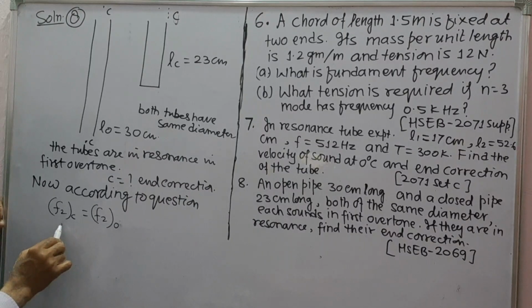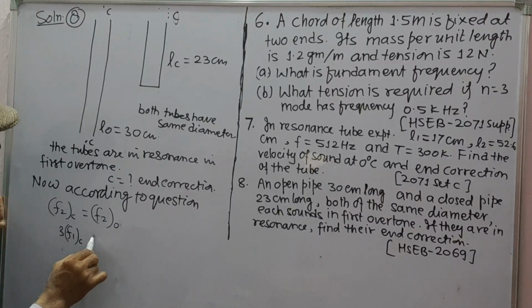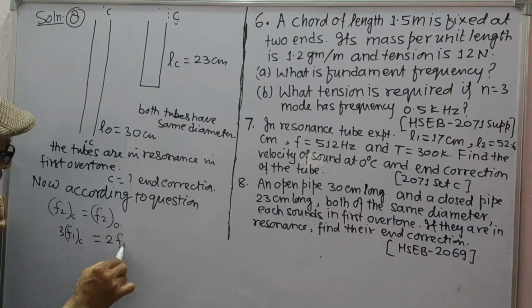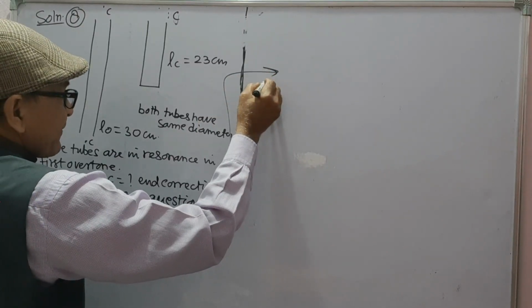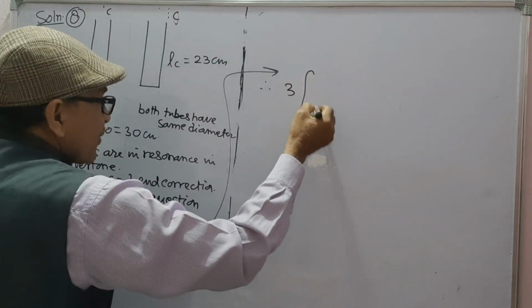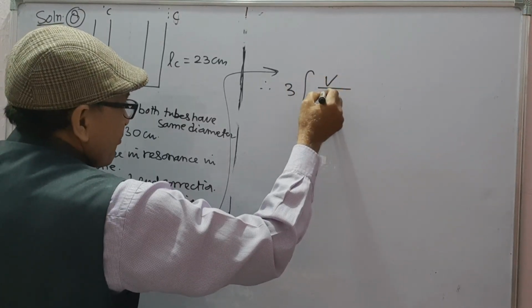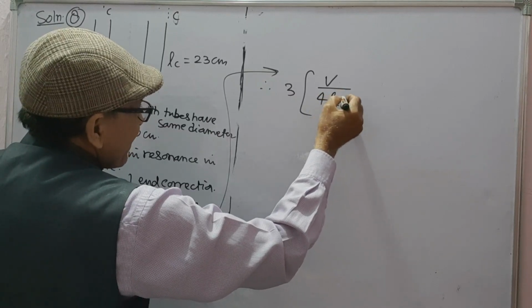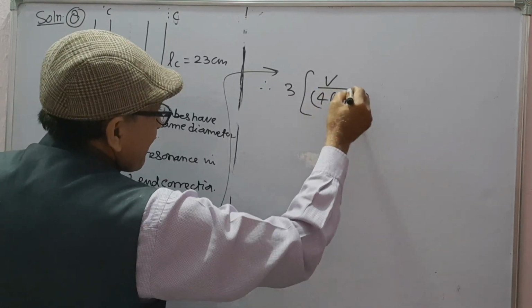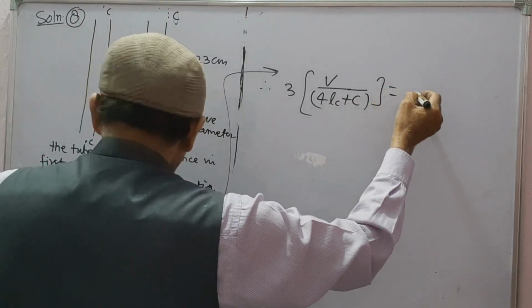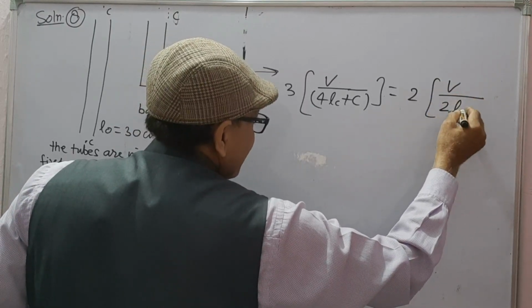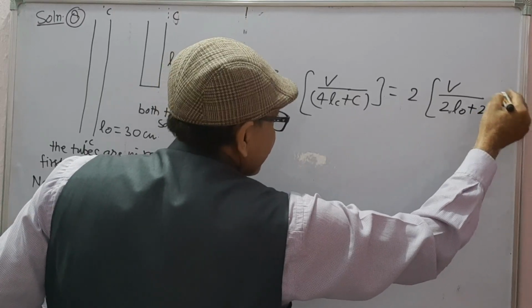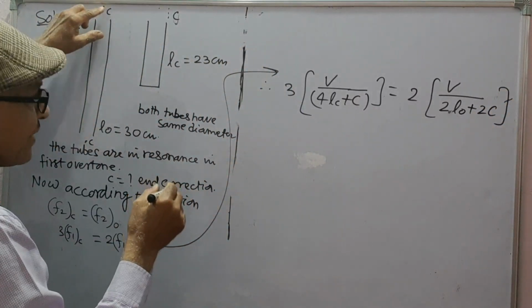That is, F2 of closed pipe is 3 F1 of closed pipe, equal to 2 F1 of open. Therefore, 3 F1 of closed pipe means V upon 4 into L of closed pipe plus 1 end correction is equal to 2 V upon 2 into L of open pipe plus 2 end corrections, 1 here and 1 here.